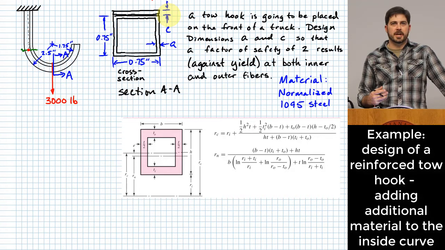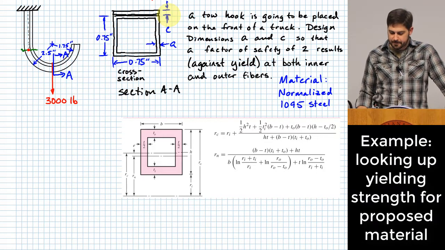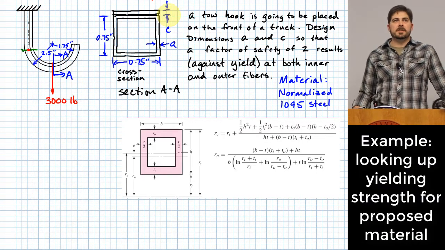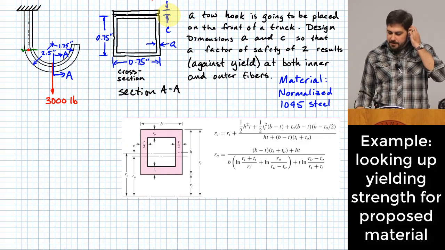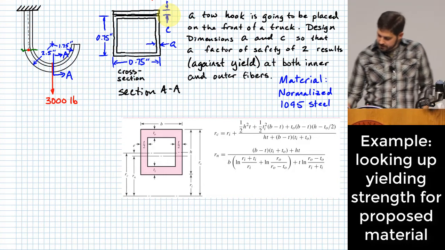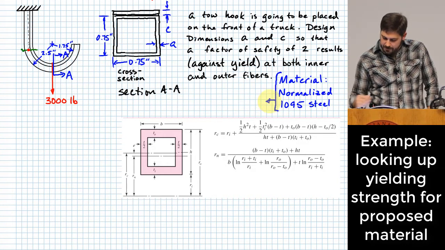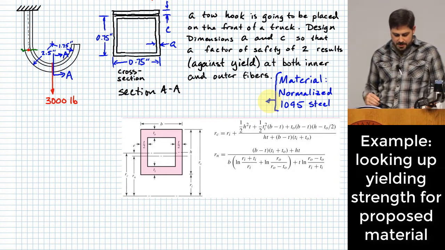All right, so kind of trying to be smart about how we use our material and understanding how this stress distribution is going to happen. Okay, let's assume we're going to make this thing out of 1095 steel, normalized 1095 steel. So that's a good place where we can start. That's not that hard to get the value that we need for 1095 steel.